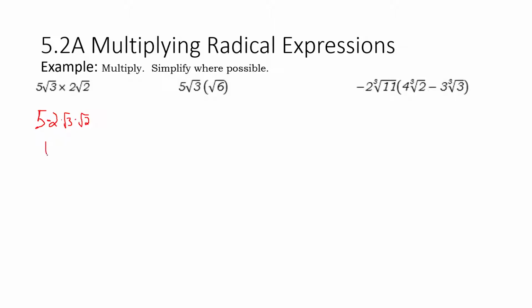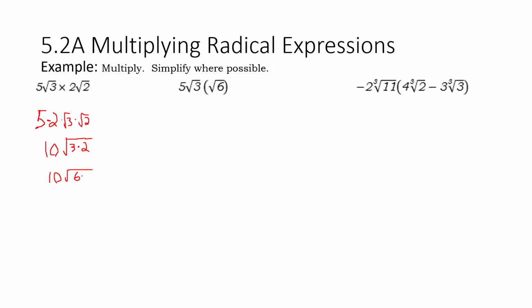But 5 times 2, that's 10. When you have two roots that you're multiplying together, you can combine them under one root without drawing the other root. And voila! We can combine those and we get 10 root 6.